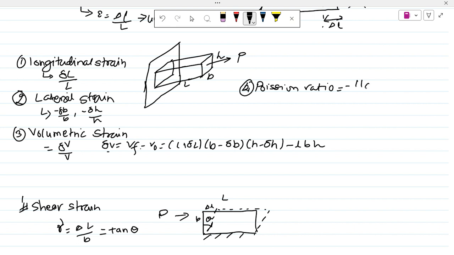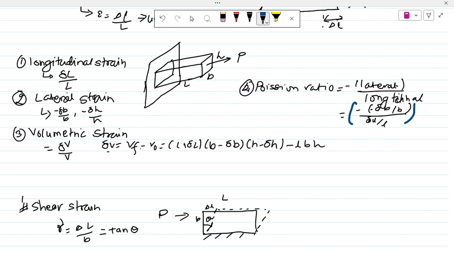Minus lateral strain upon longitudinal strain, or simply minus of del B by B upon del L by L. So this is our Poisson's ratio. We can simplify this easily.